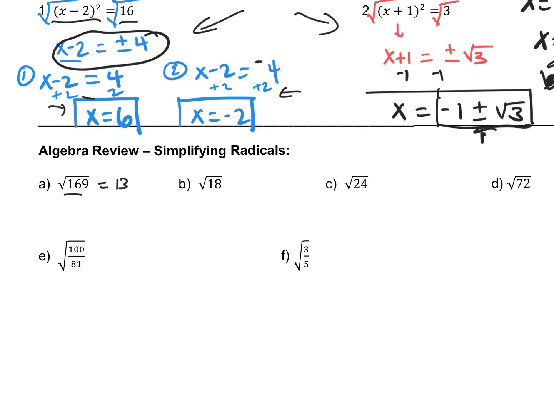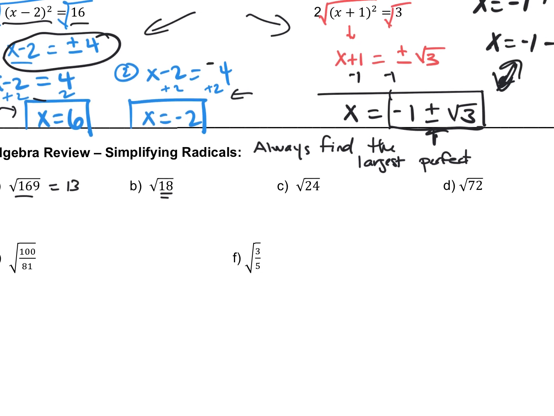What we're going to do with the next one is this is not a perfect square. So always try to find the largest perfect square. You can do other radicals, but for us, we're doing squares.